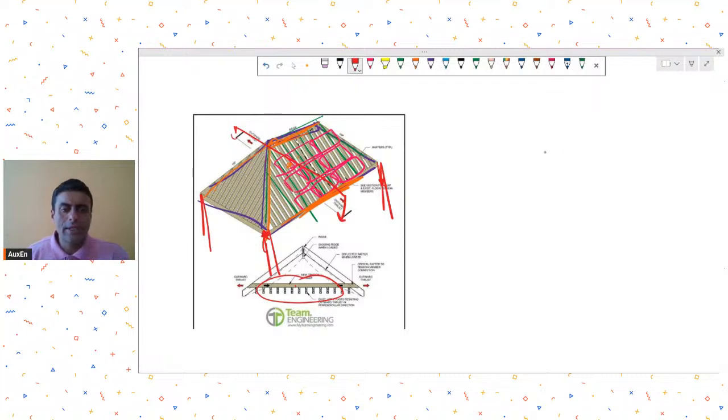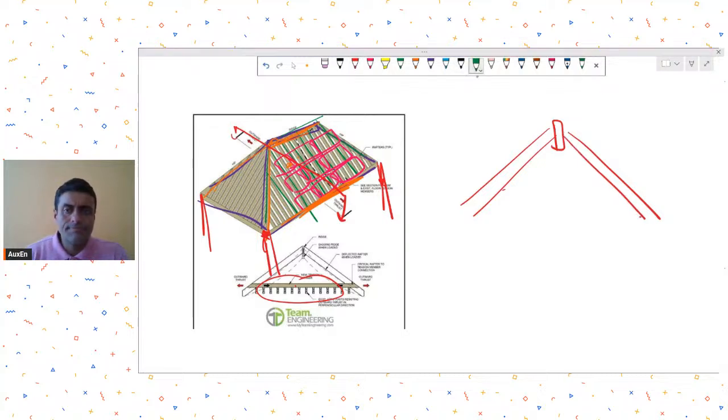what they have also added is that this is my ridge element, these are my rafters, something like this, and then they have also added a tie over here.